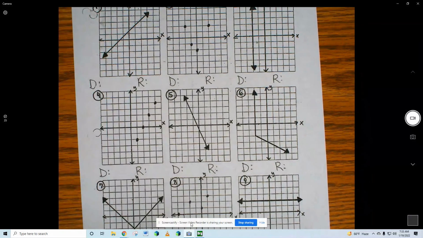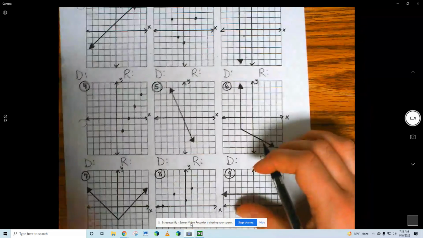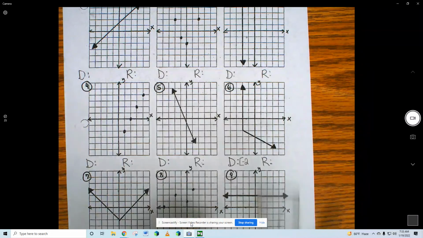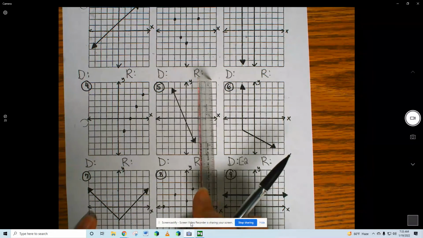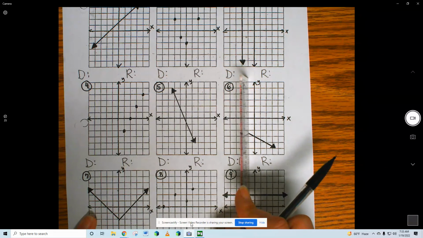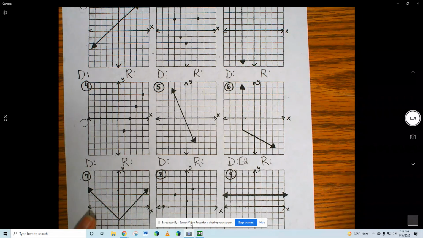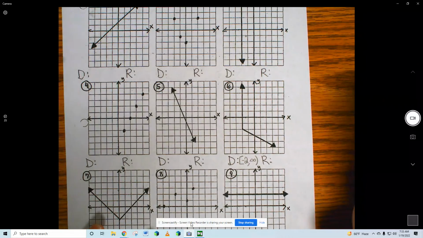My domain on number 6 from left to right starts at negative 2, bracket negative 2, and then this line goes forever to the right. So I'm scanning left to right. Negative 2, and then it's at negative 1, 0, 1, 2, 3, 4, 5, 6, 7. This line's going to go forever and ever down. So I'm going to put infinity. Bracket negative 2, comma, infinity.